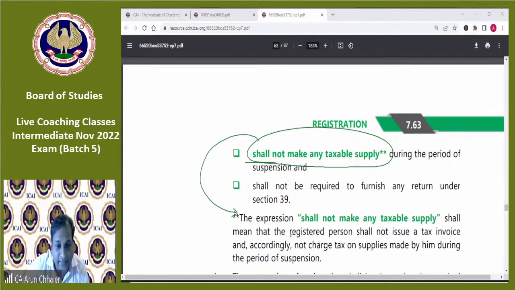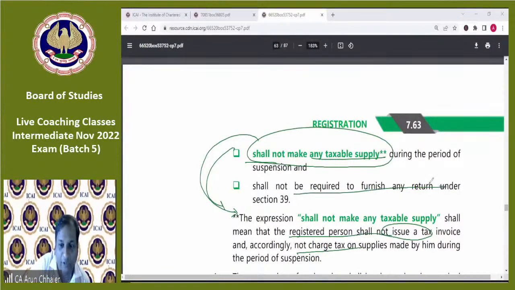They're saying that the registered person shall not issue the tax invoice and not charge the tax. So in the suspension, he can continue the business. During the suspension, he can continue the business. So prima facie it appears he cannot make the taxable supplies. It means he cannot do the business. After that, it has been clarified, not make the taxable supplies means he cannot issue the tax invoice and cannot charge the tax on it and shall not be required to furnish any return.